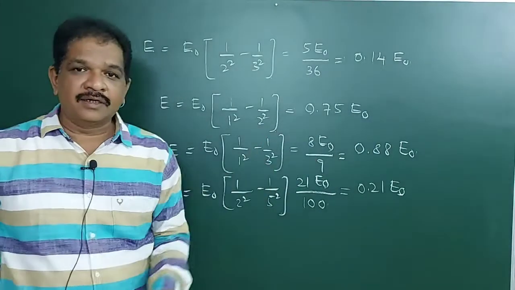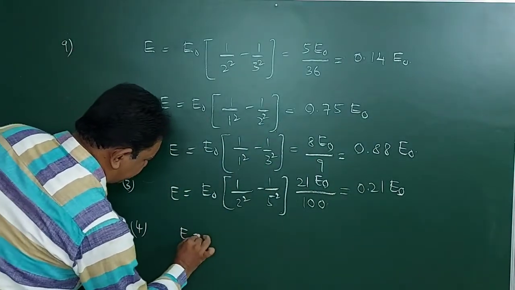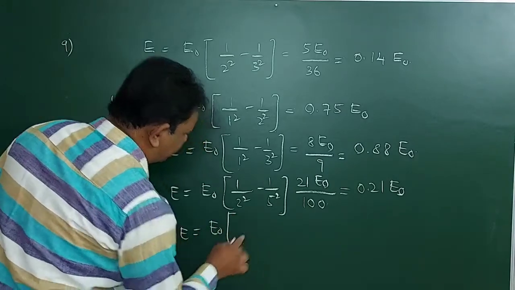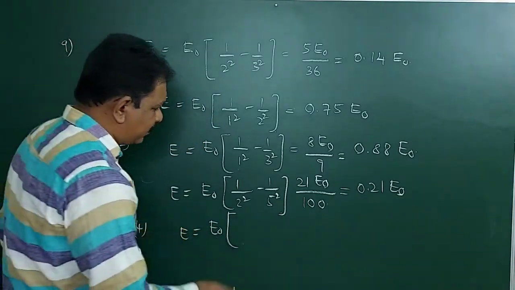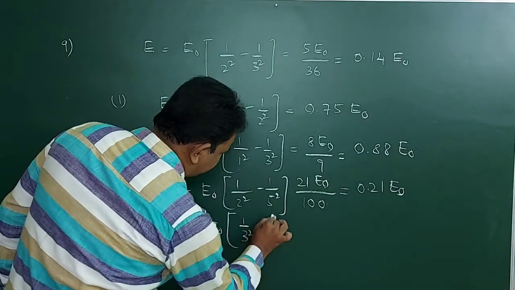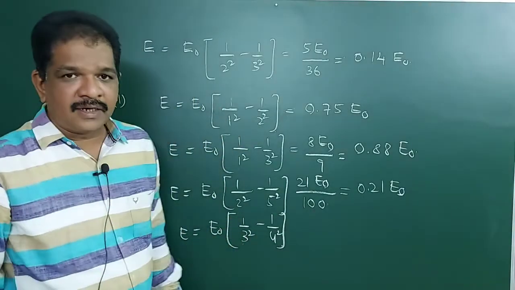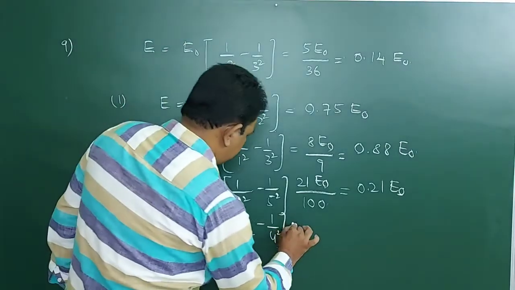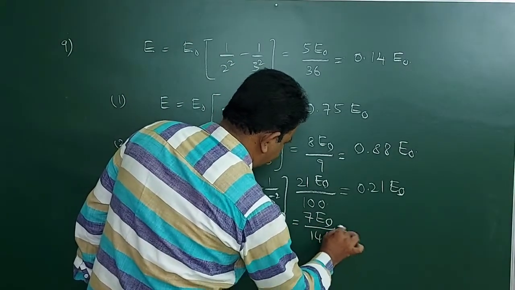So electrons will be produced. Fourth option, if you check, E₀ into these values 4 and 3, 1/3² minus 1/4². 16 minus 9 will be 7. So 7E₀ by 144.